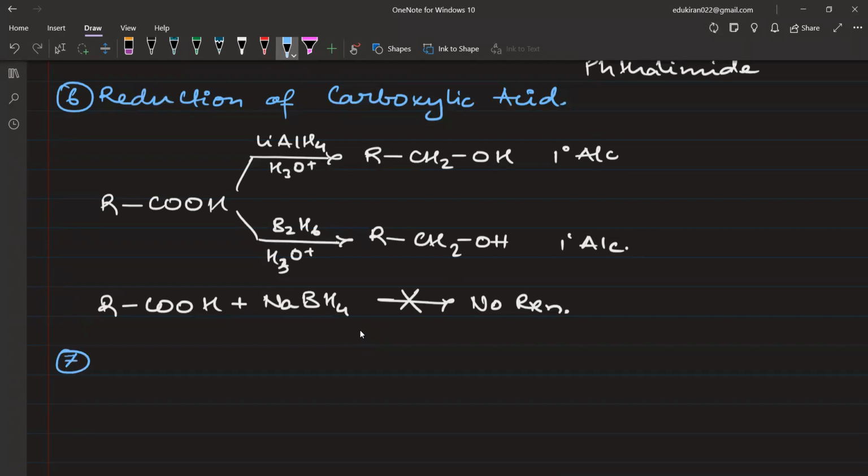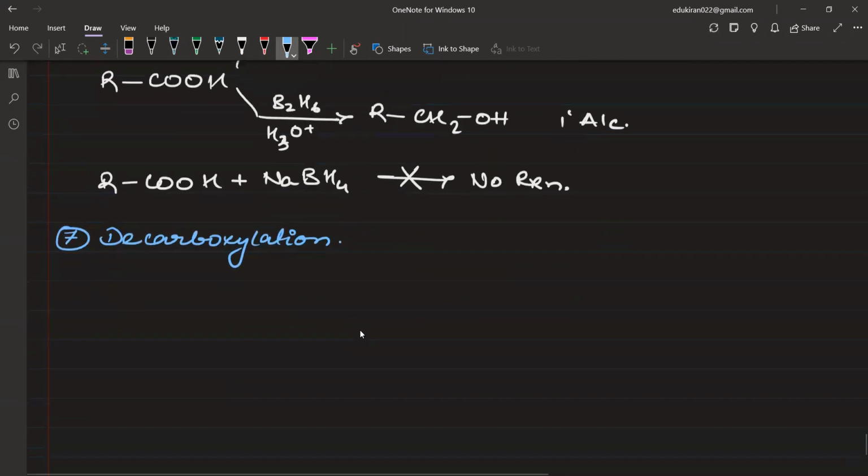The seventh reaction, decarboxylation. In decarboxylation reaction, you see, we react RCOONa, that means sodium salt of carboxylic acid. This sodium salt can be made by either reacting carboxylic acid with sodium hydroxide, or Na2CO3.